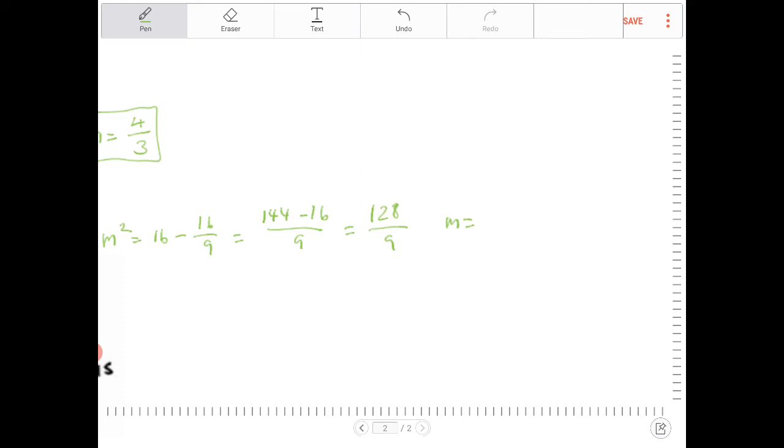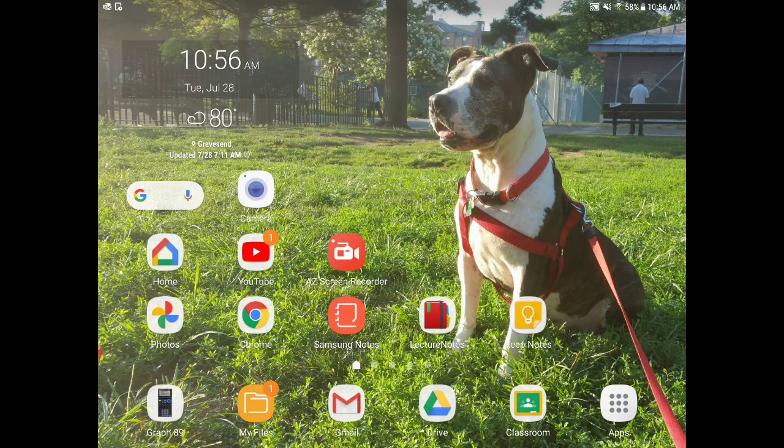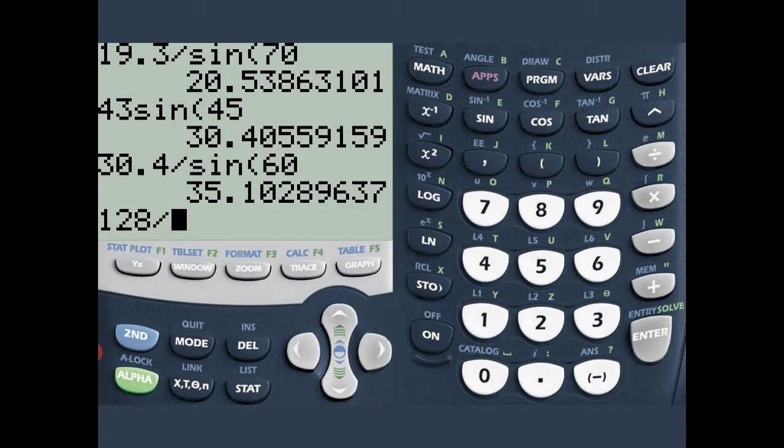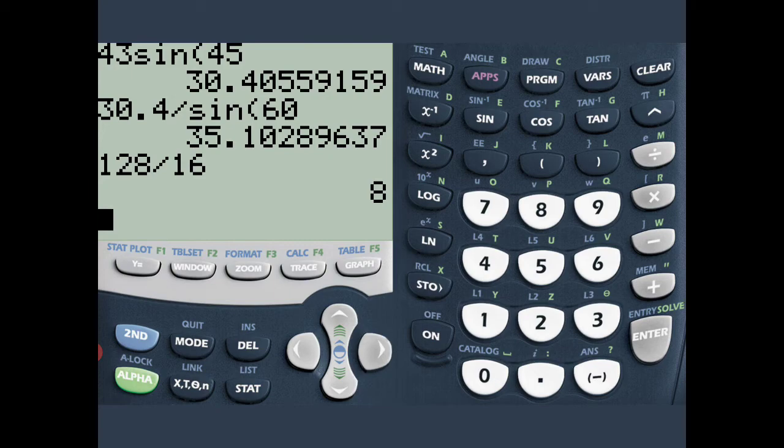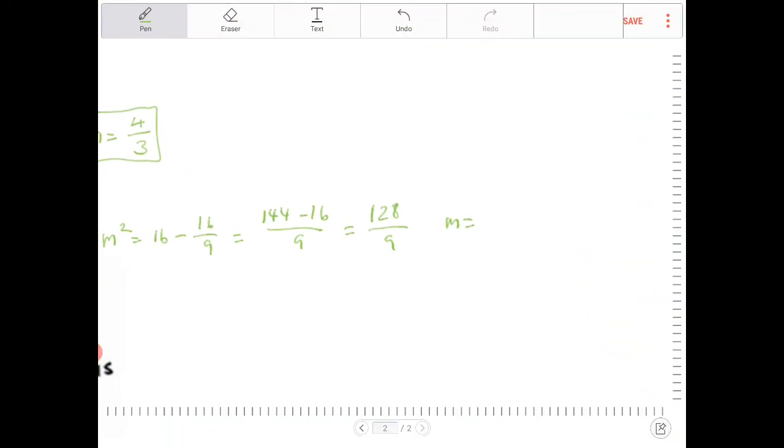Is 128 divisible by 16? Let me see here. 128 divided by 16. Yes, it is. And it's divisible not only by 16, but by 64, of course. So m is the square root of 128 over 9, but it's also equivalent to 8/3 radical 2.